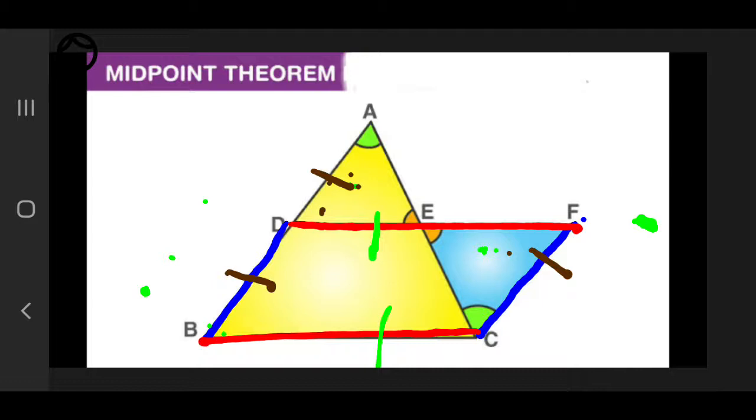DB is parallel to CF and DB equals CF, which means DFCB is a parallelogram. If DFCB is a parallelogram, DF is parallel to BC, so DE is parallel to BC.